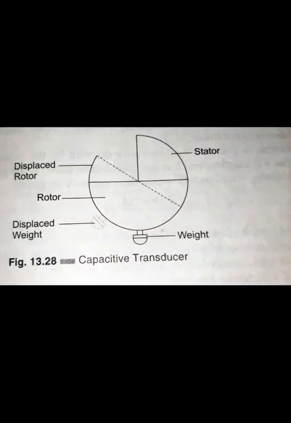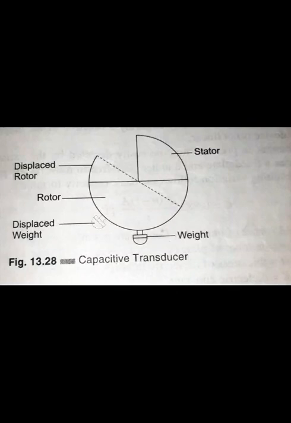The next figure is the capacitive transducer. It is also a pressure transducer. A linear change in the capacitance with the change in the physical position of the moving element may be used to provide an electrical indication of the element's position.